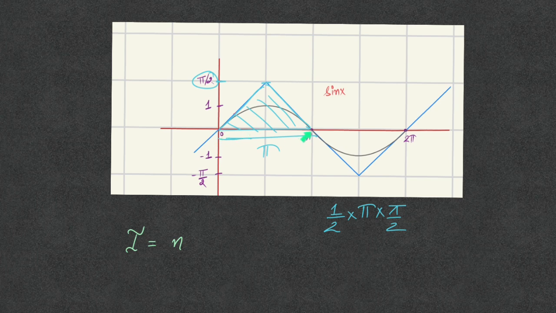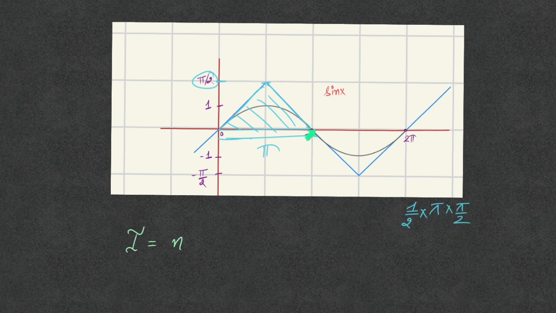This is the maximum of sin inverse of sin x, and it forms a triangle, and the area is half into base into height, that means half into π by 2.